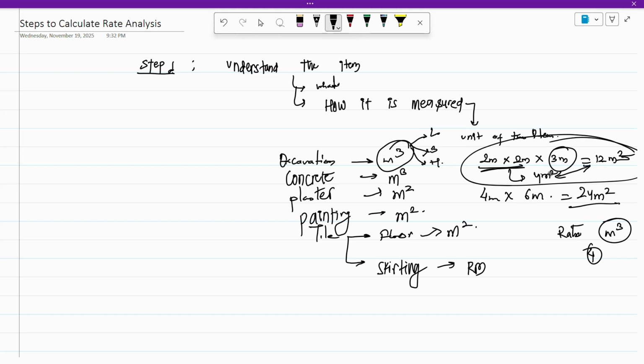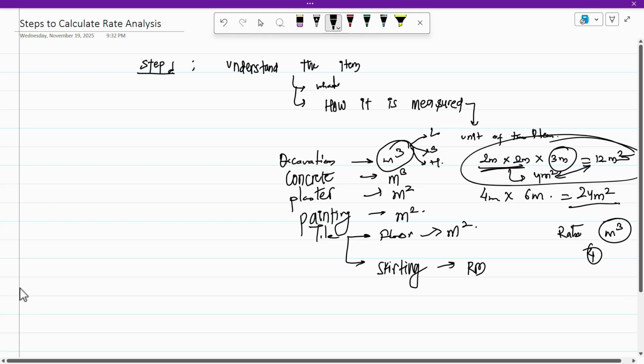Okay, so the units are really important. And to get the units, you need to follow the standards that are given in any textbook. You can find standards for all the items.